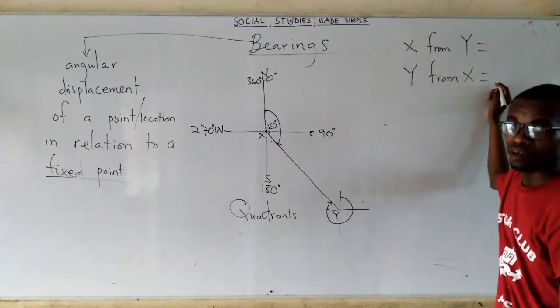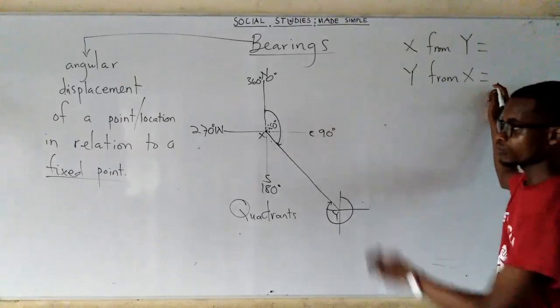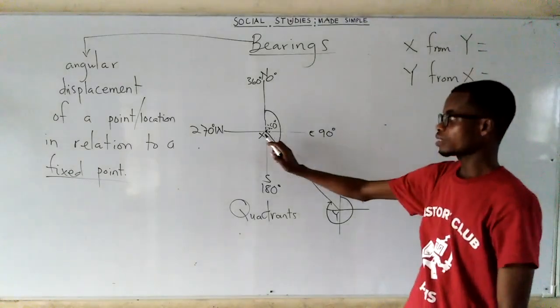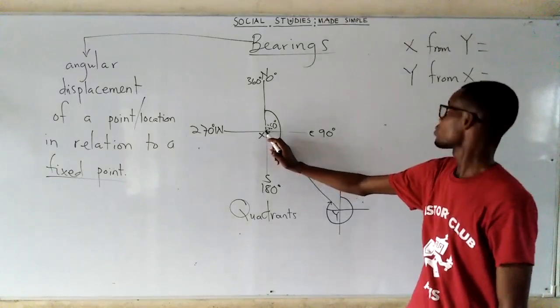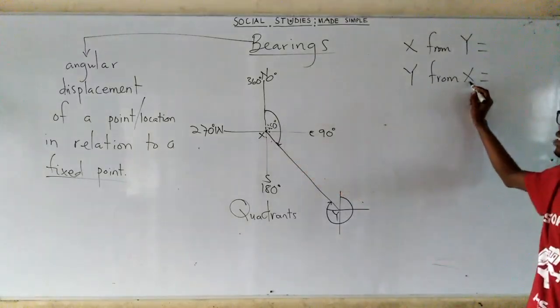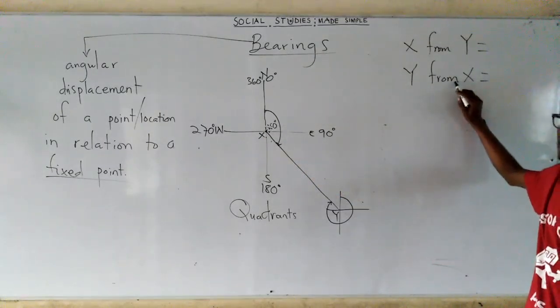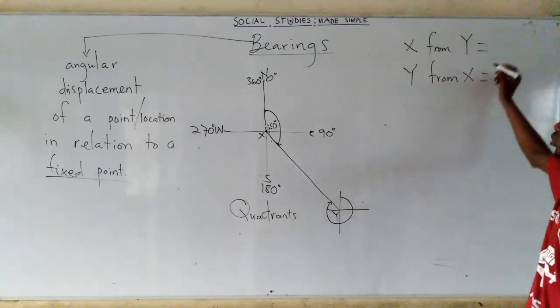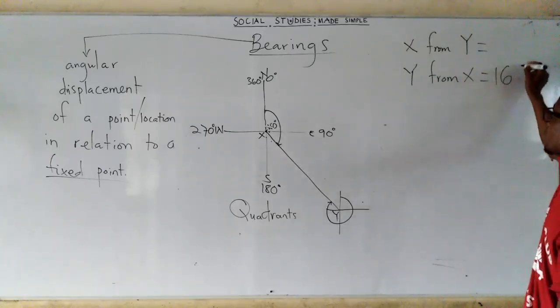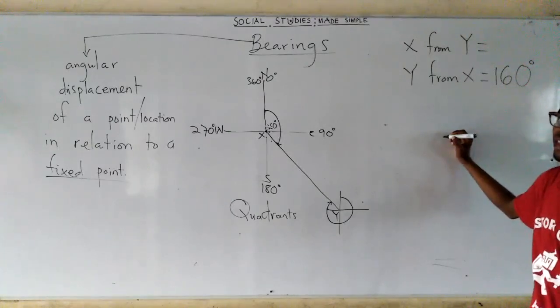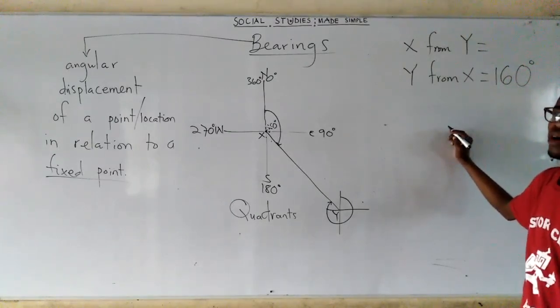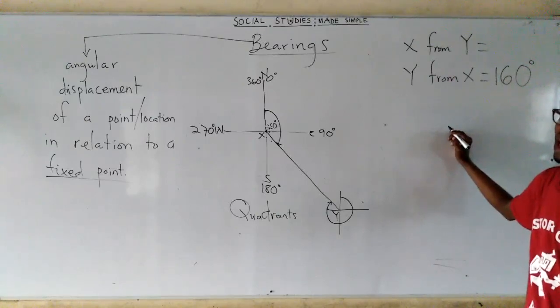How do you know? Look for the alphabet that comes after the word from and make it the fixed point. From what we have here, the alphabet X is the fixed point, and it is after the word from. So this will be 160 degrees. Now 160 degrees, is it less or greater than 180?